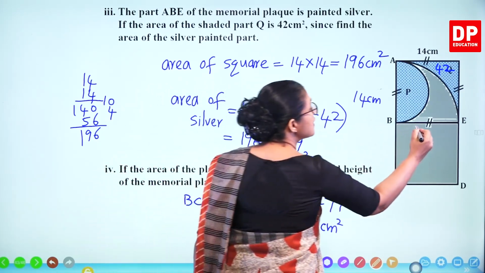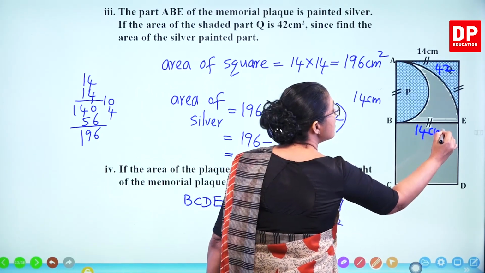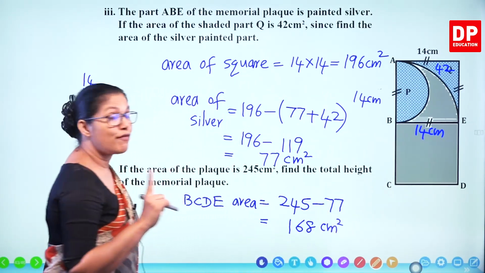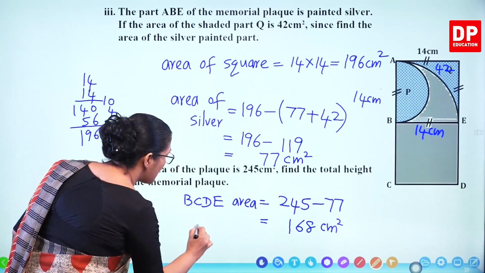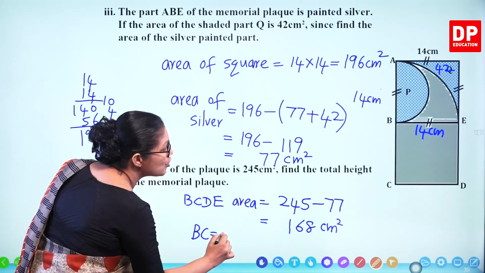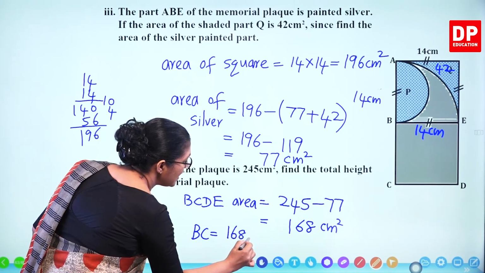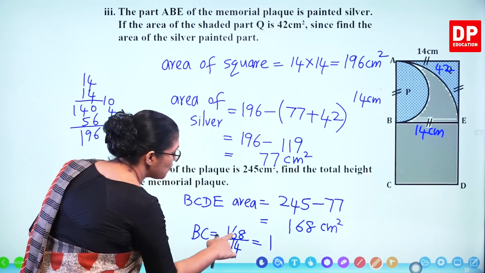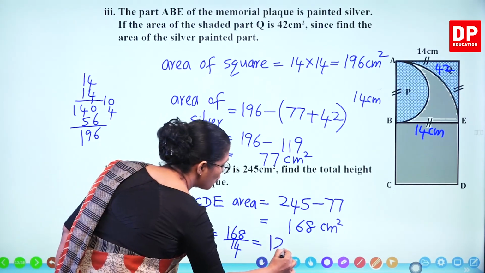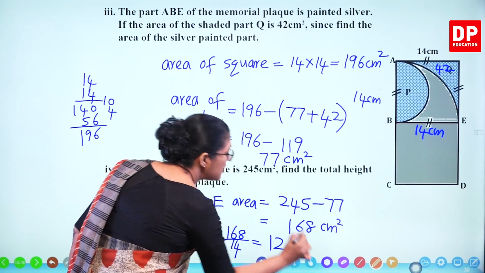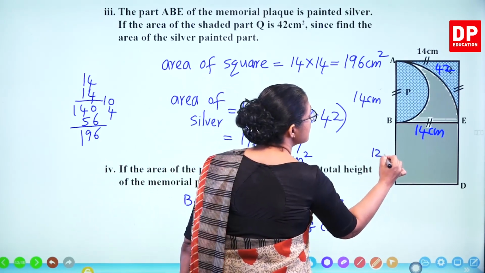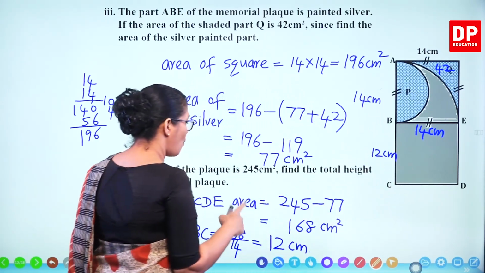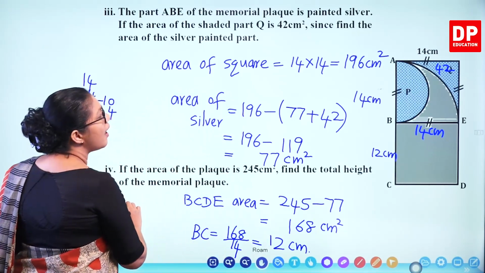Then we know this is 14. This is a rectangle. So how can you find out the BC length? BC length is equal to 168 divided by 14. 14 times 1 for 28, that's 2. So 12 centimeters is this. Now, what is the height of the plaque?